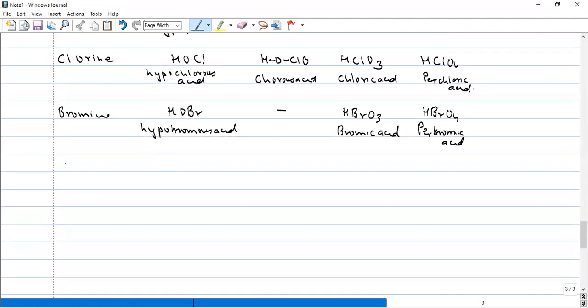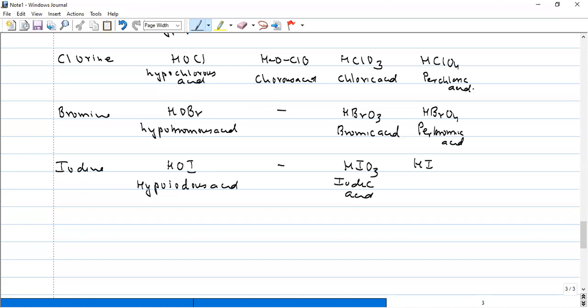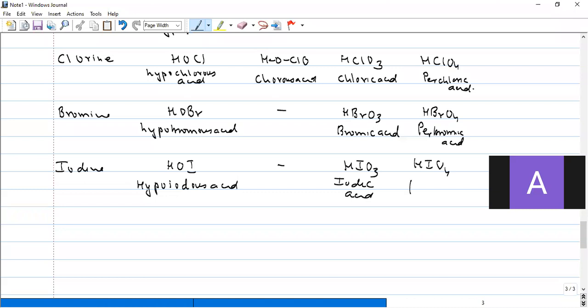Then iodine: HOI, hypoiodous acid. It forms HIO3, iodic acid. And third is HIO4, periodic acid.